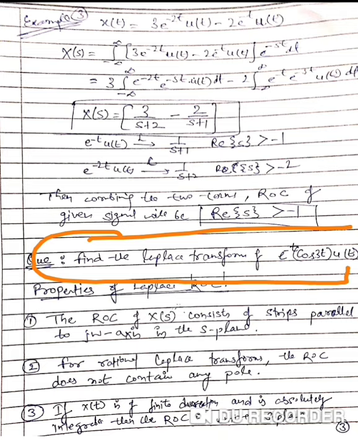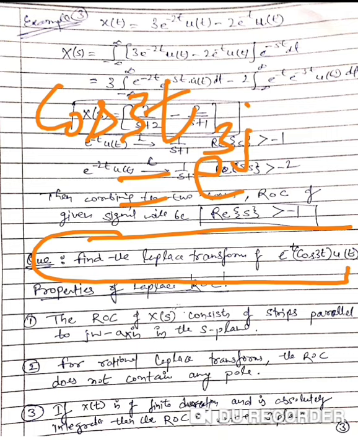As we all know, cos 3t can be written as a function of exponential functions, that is (e^(3j t) plus e^(-3j t)) divided by 2. So it is a hint. You can solve it by dividing the cos 3t function into two exponential functions.